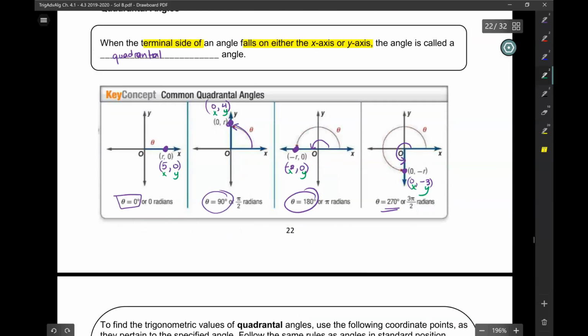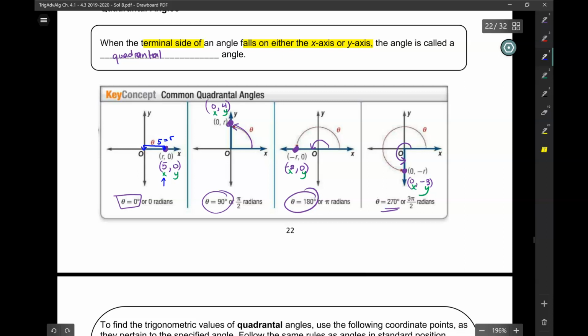Okay, so let's take a look at this first point, 5, 0. How far is it from the origin to that point? It's 5 units, because I have to go over to the right 5 units. So my r is 5. Oh, look, that's the same number as that.